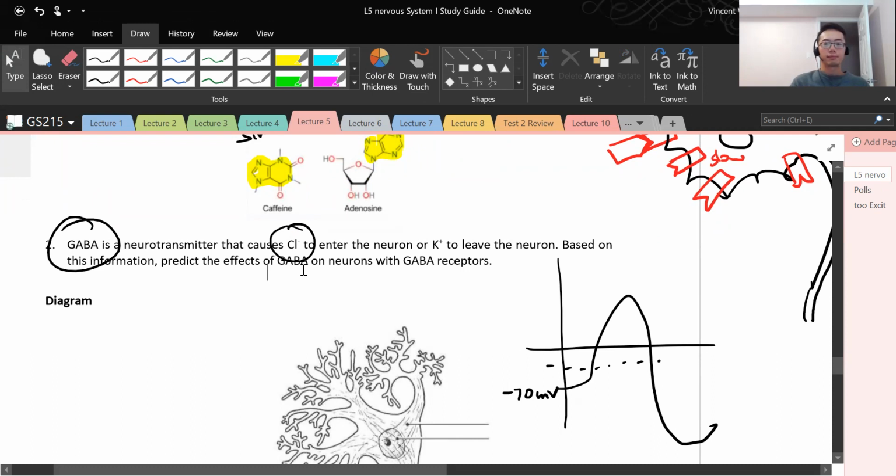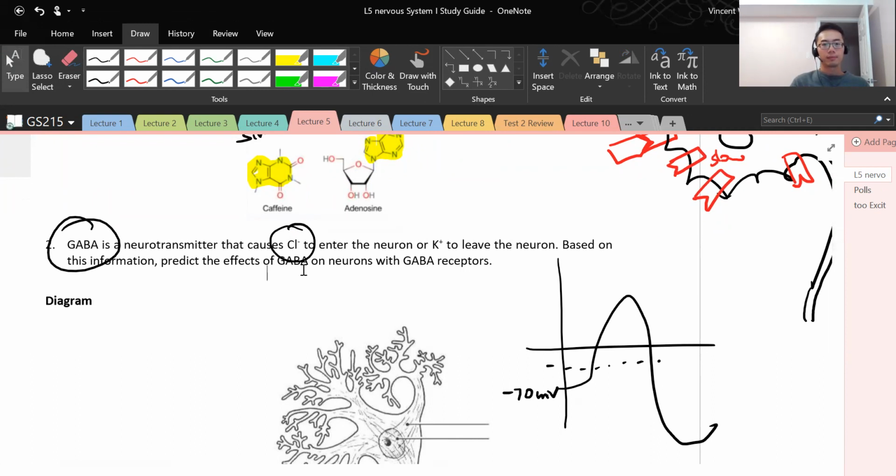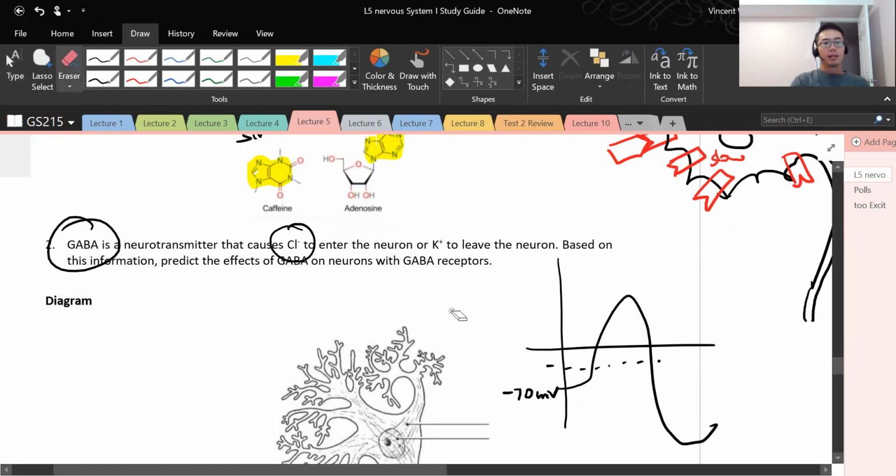Think about that for a second. Similarly, if potassium is leaving the cell as a result of GABA, is it going to be more positive or more negative?